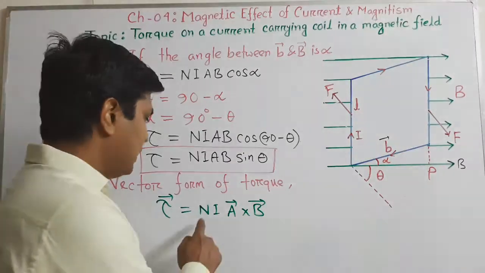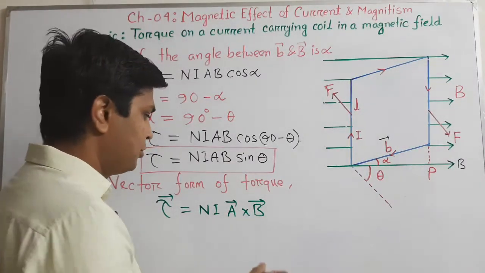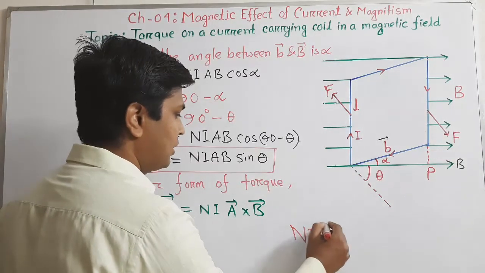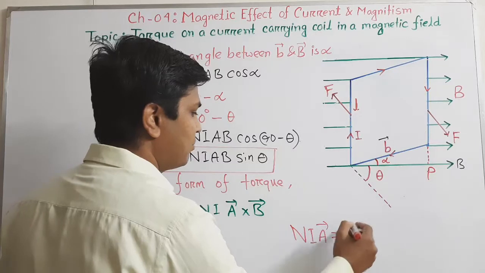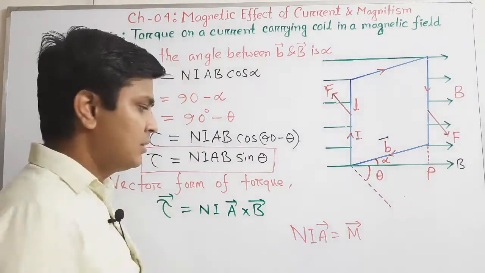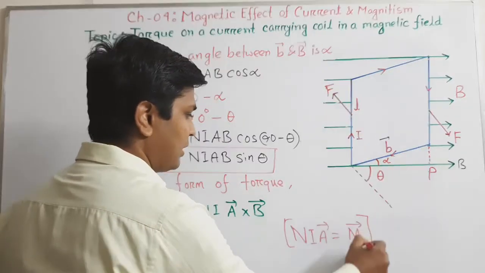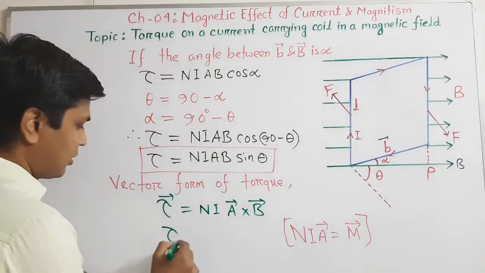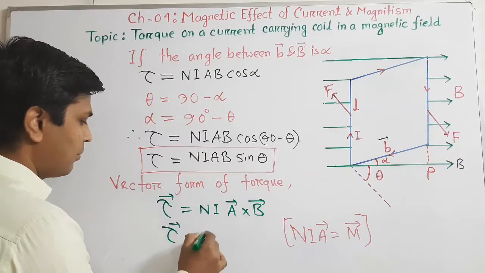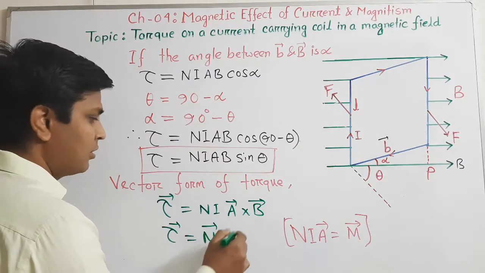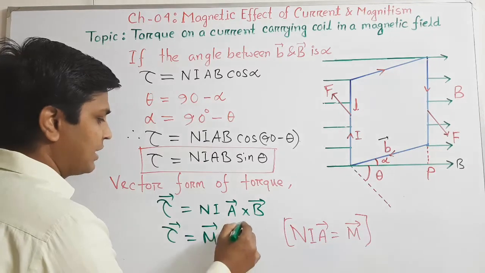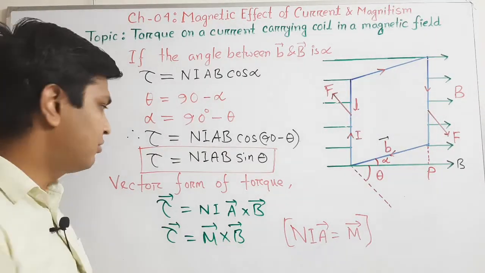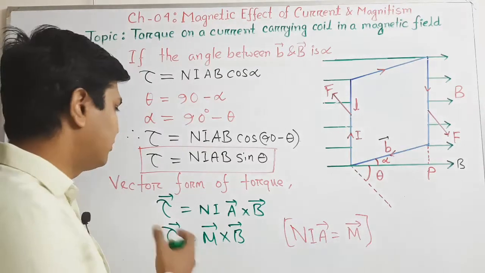And you know N I A vector is the magnetic moment m. So we can write the vector form as torque tau equals magnetic moment m vector cross the magnetic field B vector. This is the vector form of the torque.